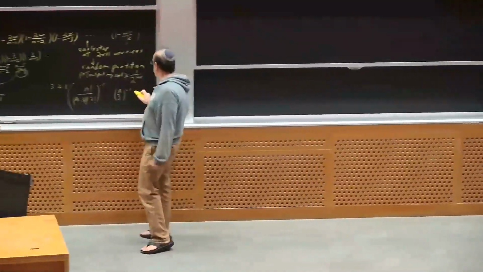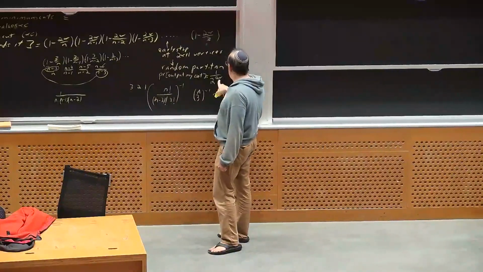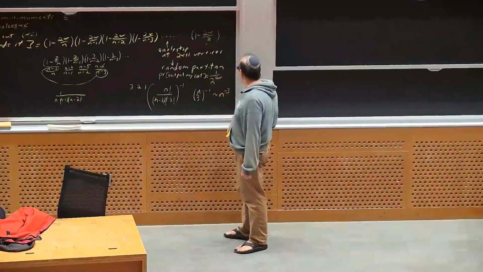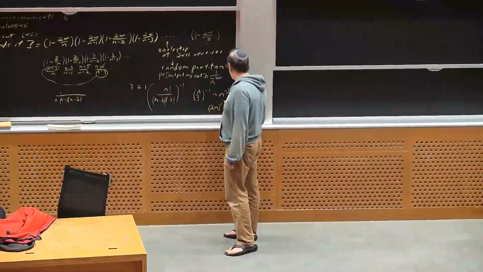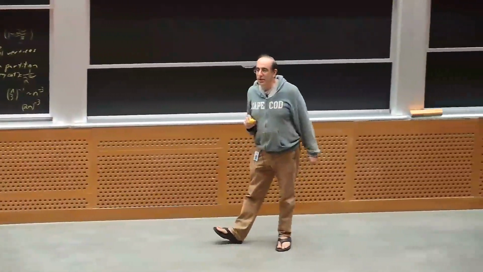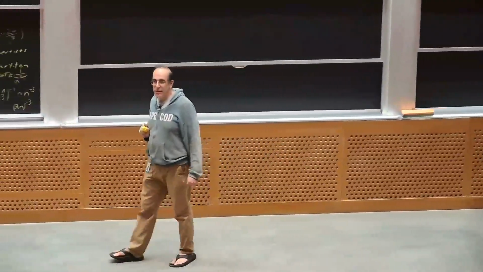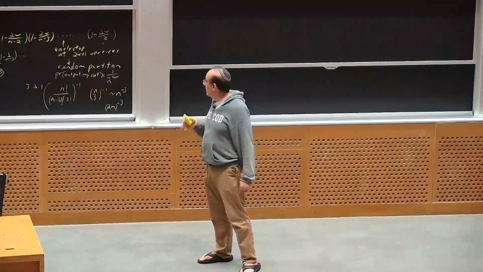Of course, this n choose 3 inverse is about n to the minus 3, and here I have 1 over 2 to the 3. So this is basically 2n to the minus 3 if I'm looking at alpha equals 3 halves. Everybody happy with that? Okay, and now you can see that this generalizes.